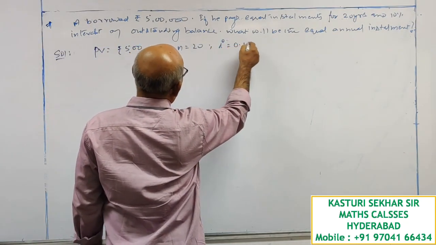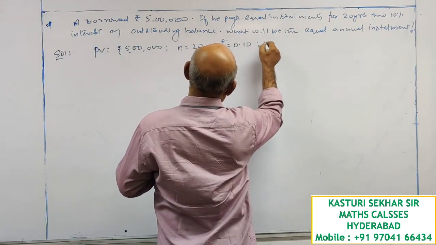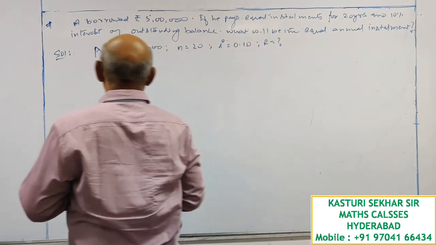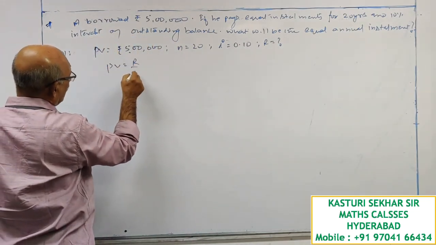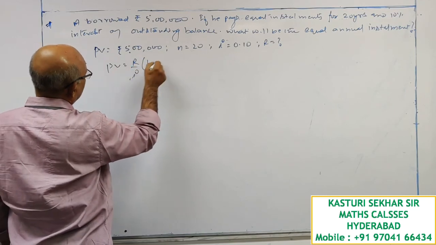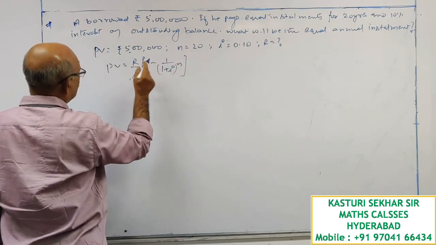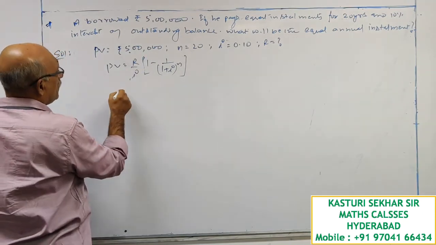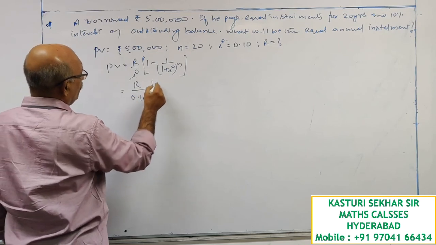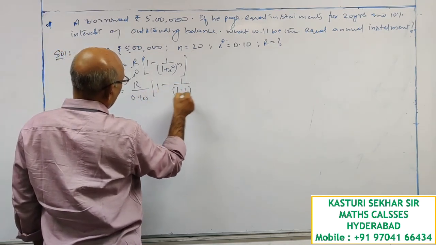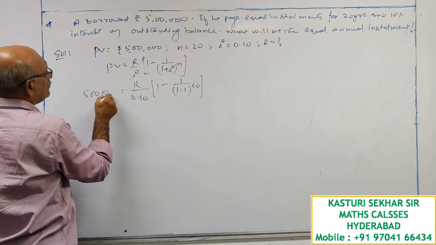I is equal to 0.10. R is equal to question mark. So present value is equal to R by I, into 1 minus 1 by 1.1 whole power 20, is equal to 5 lakhs.